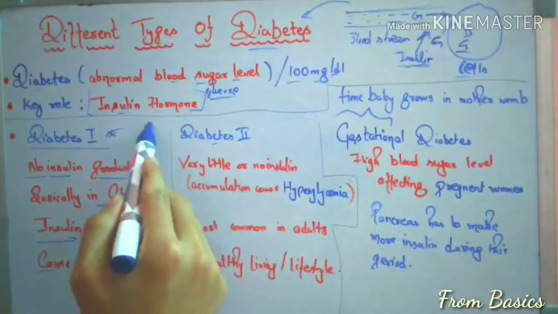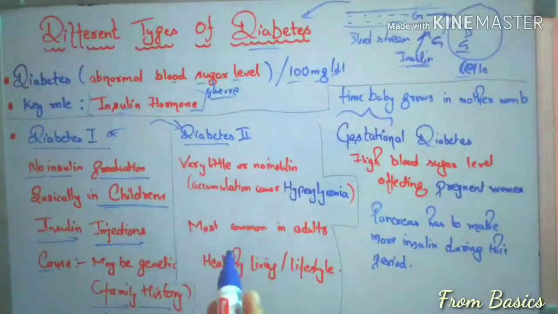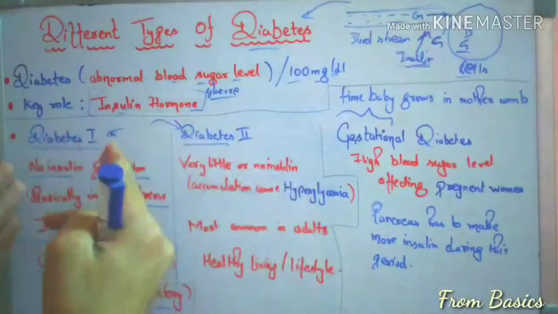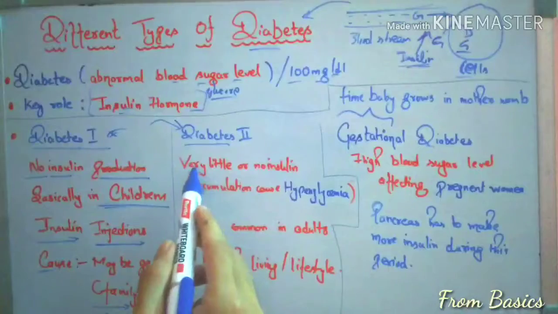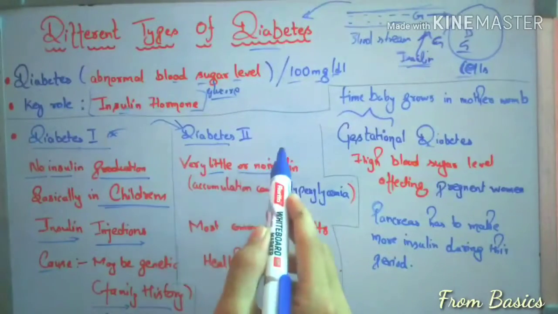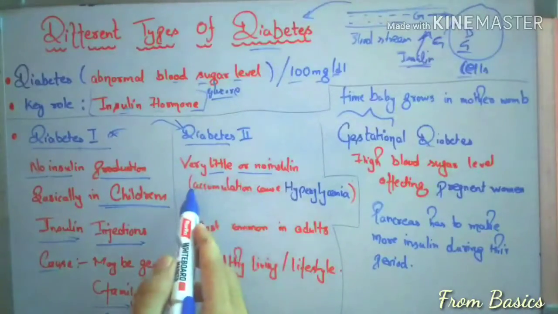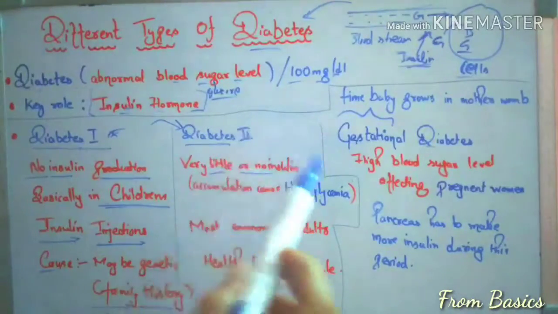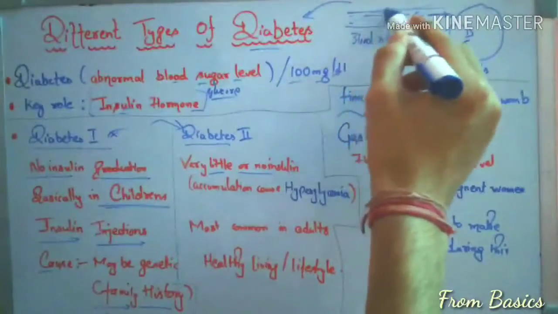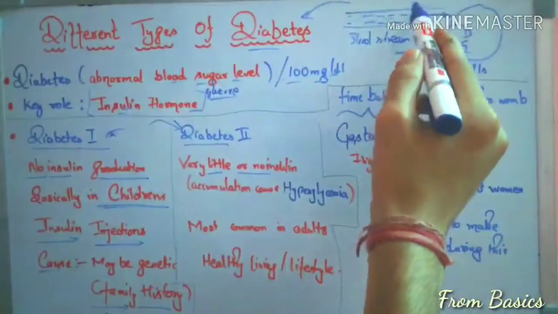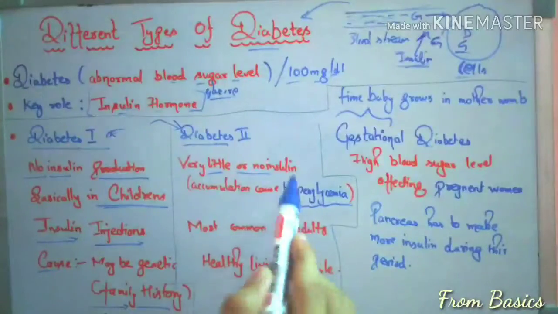Next, coming to diabetes 2. What is diabetes 2? There is very little difference between diabetes 1 and diabetes 2. In diabetes, very little or no insulin is produced by the beta cells of the pancreas, which causes the glucose to accumulate in the bloodstream, as I discussed earlier. This leads to an excess blood glucose level, which can cause hyperglycemia.